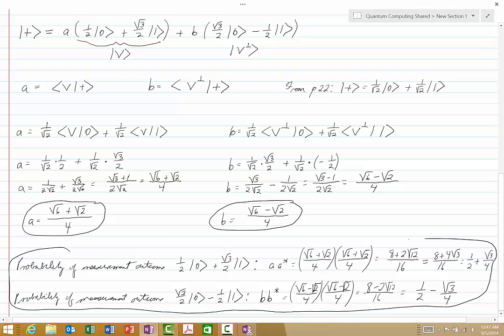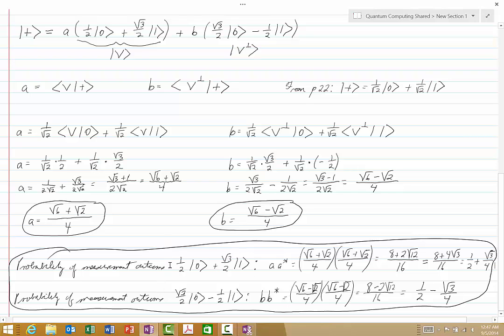And notice that once again, just as before, and just as we expect, these two probabilities here add up to 1, because certainly we must measure one of these two.